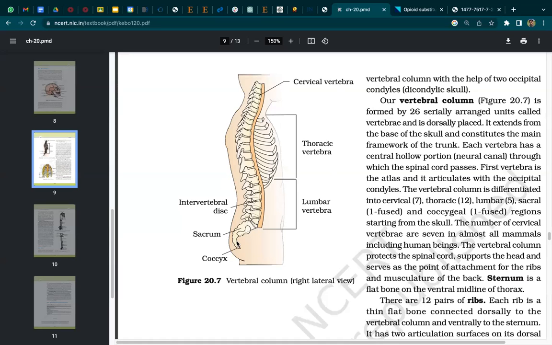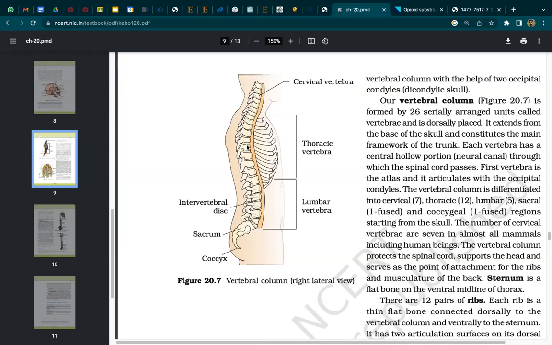Seven are cervical, present in our neck, and this is conserved. So note it down that there are 7 cervical vertebrae in every mammal, whether it is a human, a chimpanzee, a mouse, a giraffe, any mammal. They have 7 cervical bones.